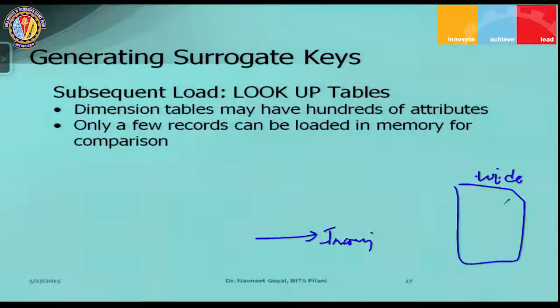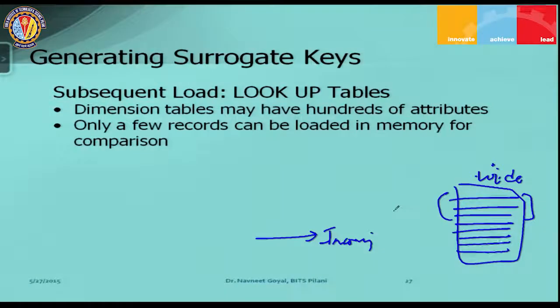Wide means it has too many attributes. The incoming record has to be compared with each record to see if it exists or not, right? Since it is a wide table, the record length is very high, so I can only bring into memory a limited number of records, right? So that makes it more IO intensive.